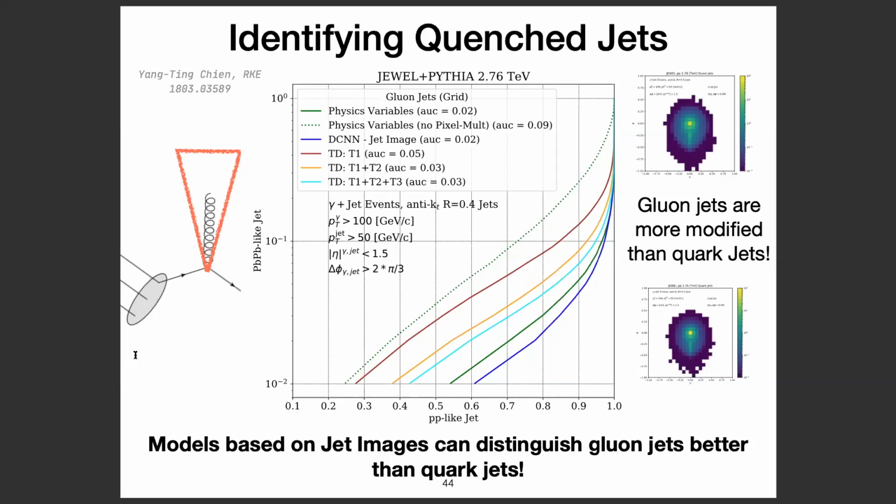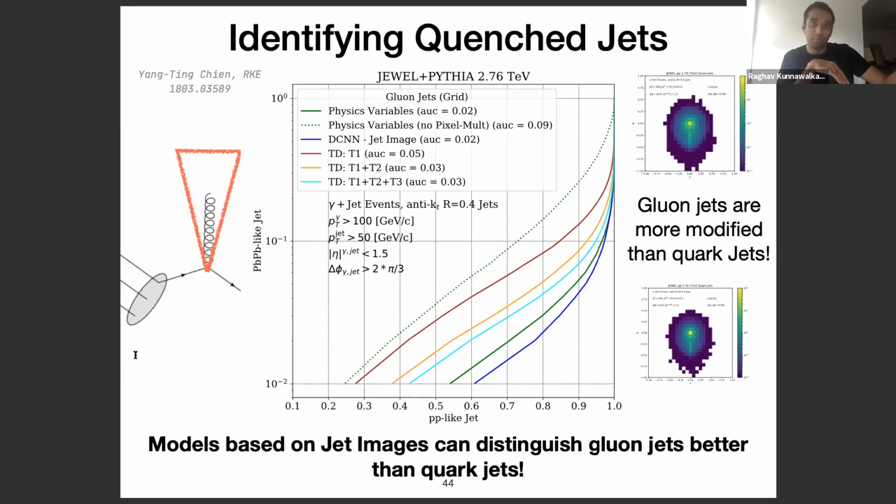Sorry, just a quick follow-up question on what John was talking about. You said that it worked pretty well, but that's just for gluon jets, right? Because for quark jets, you don't really have as much to go off of. No. I showed you one plot because I had to squeeze this into the talk.